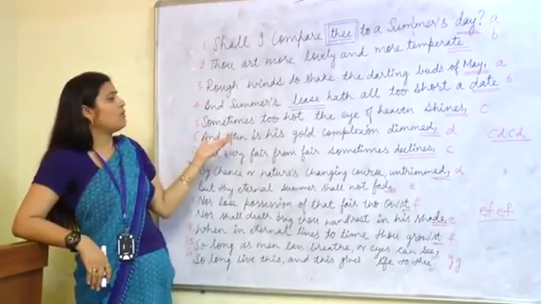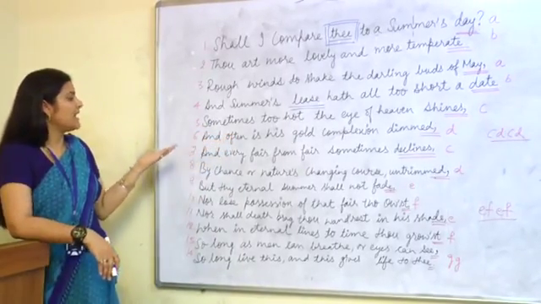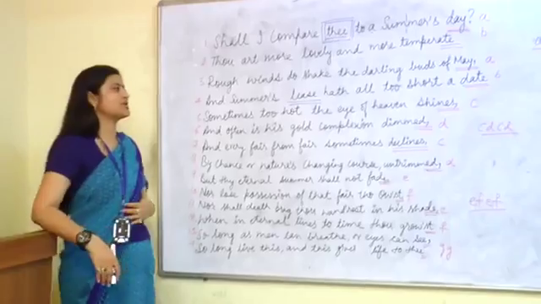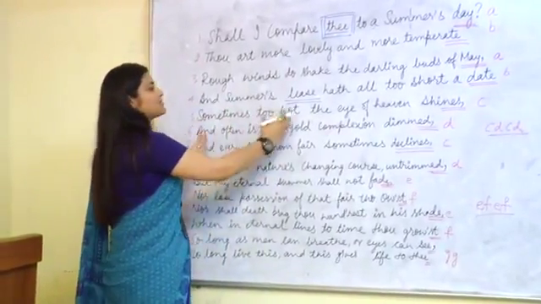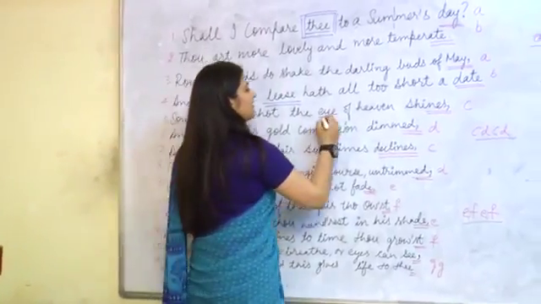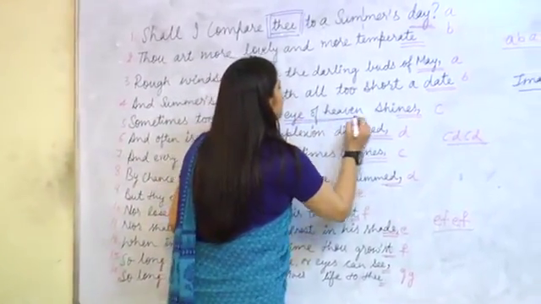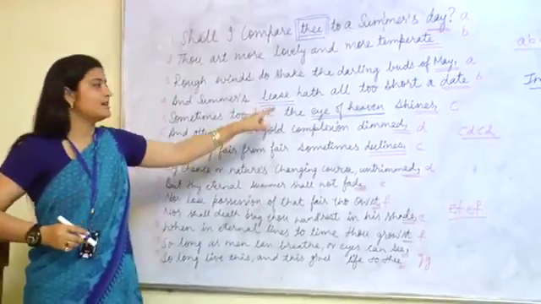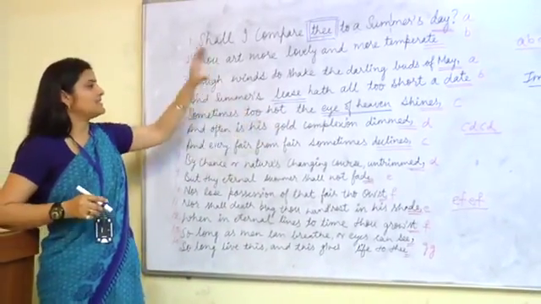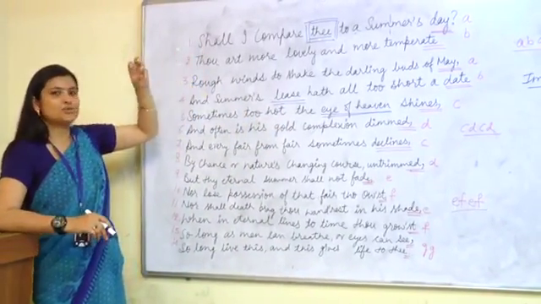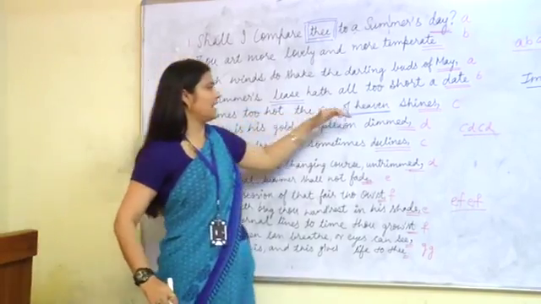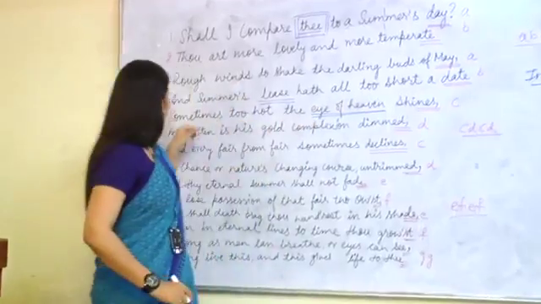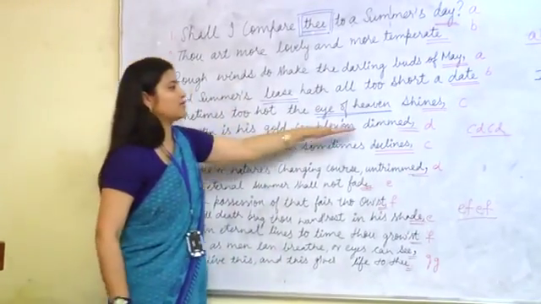Then, sometimes too hot the eye of heaven shines, and often is his gold complexion dimmed. Now in these lines, what the poet is trying to say: sometimes too hot the eye of heaven. Here the eye of heaven is the sun, because the sun is shining too bright in summers. So he's mentioning that sometimes too hot the eye of heaven shines, and often is his gold complexion dimmed.